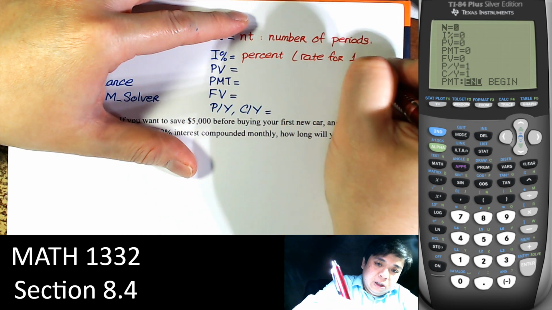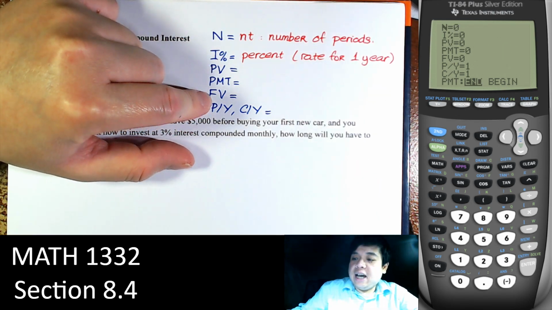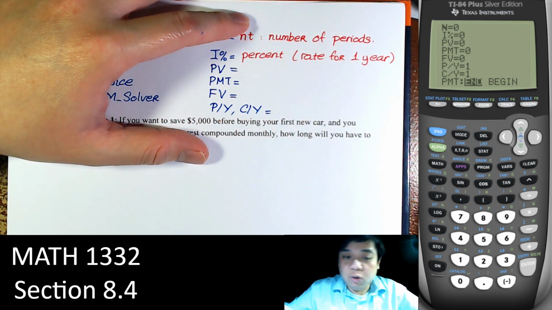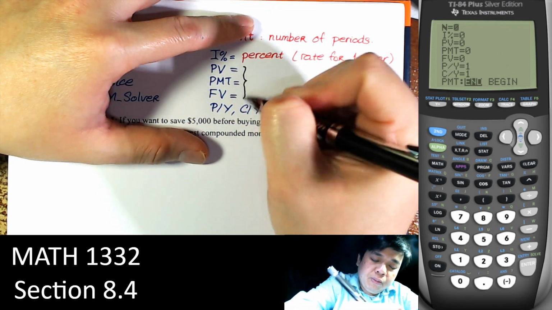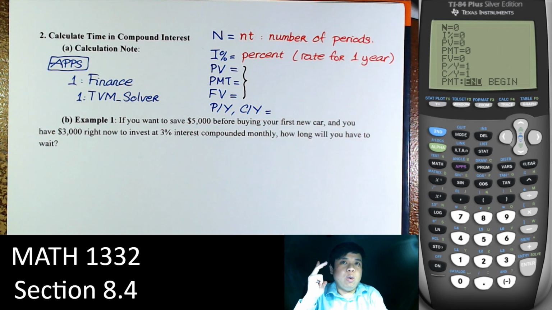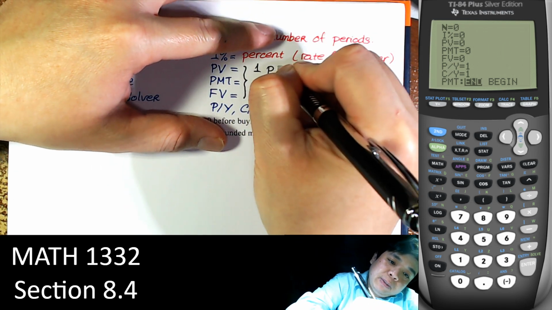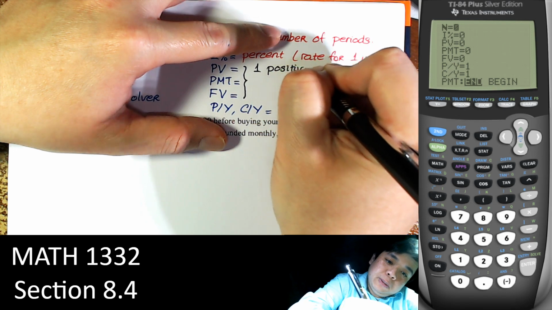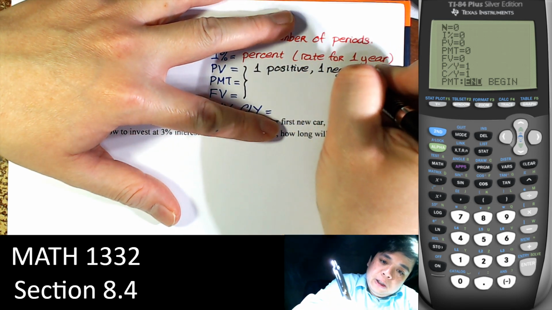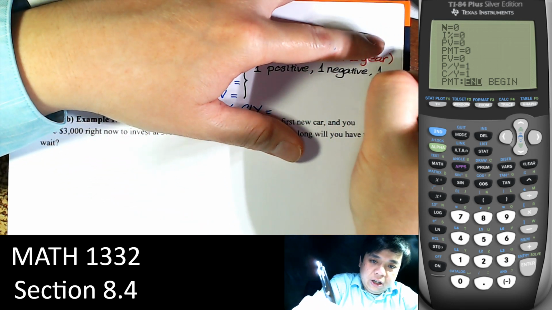The middle three here, that is the important thing. The note for that: in this case, 1 is positive, 1 is negative, 1 is 0. It's always like that. So 1 positive, 1 negative, and 1 zero.